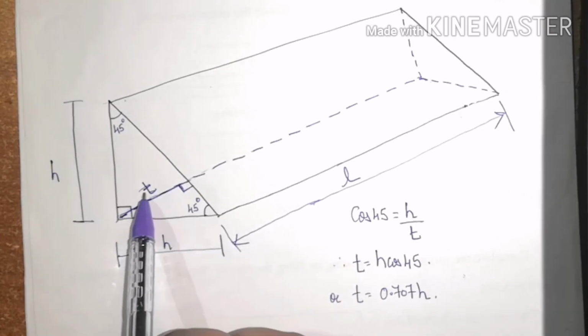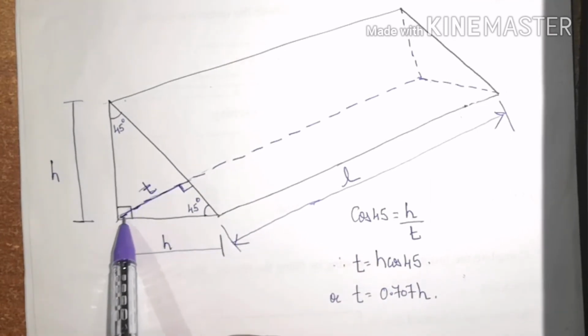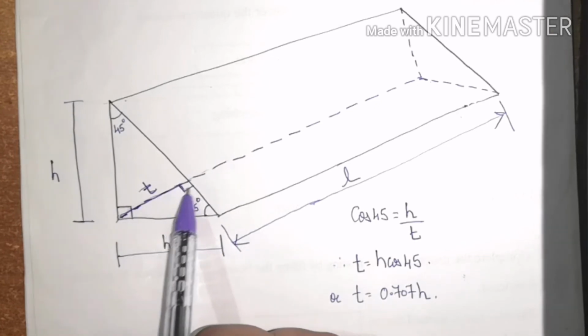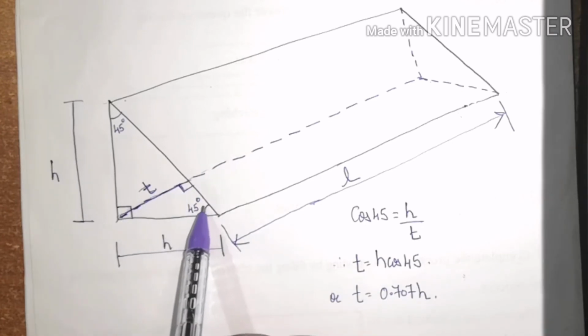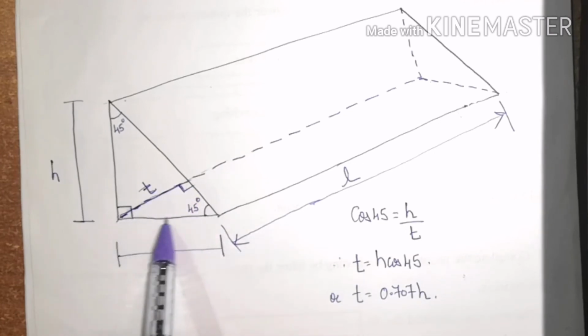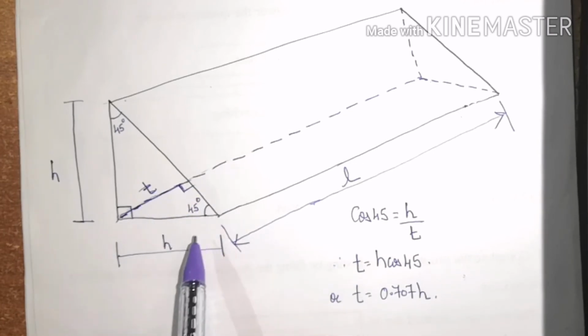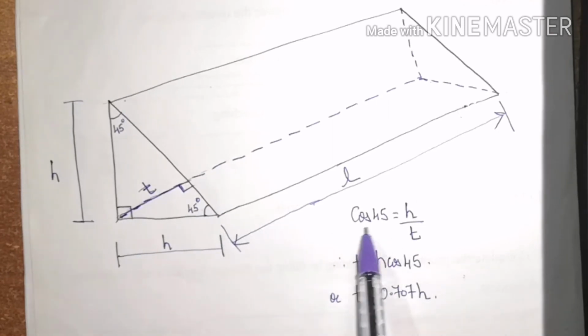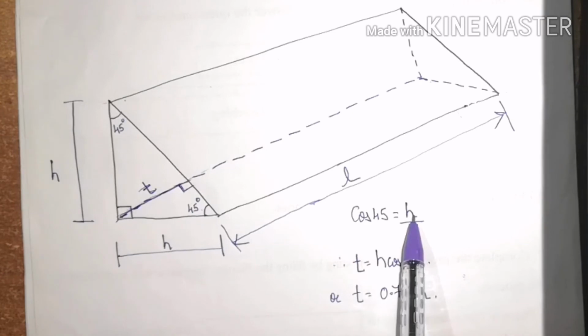To find the value of this t, just consider this simple triangle. We have this angle as 90 degrees because we have drawn a perpendicular. This angle is 45 degrees because it is a right angle isosceles triangle. Now in this triangle, if I apply cos theta, I will get cos 45 is equal to adjacent, that is h, divided by hypotenuse, that is t.